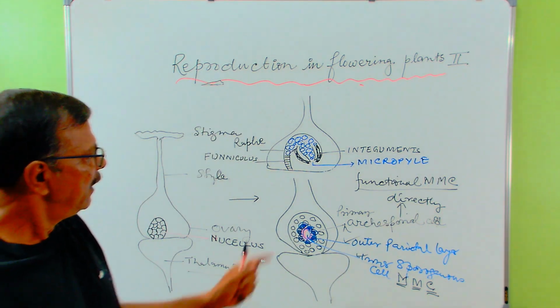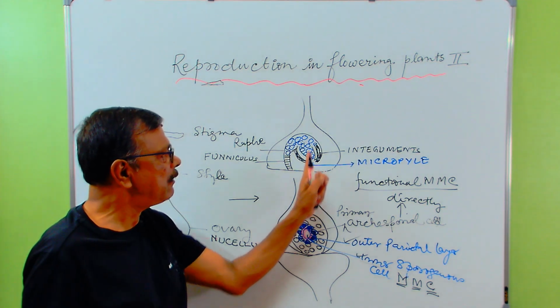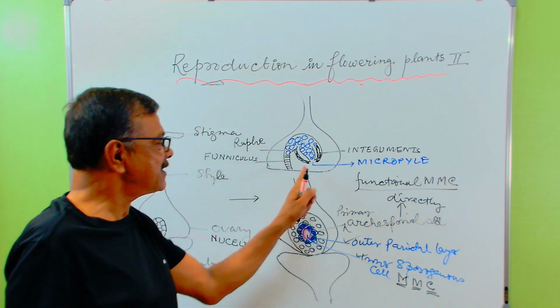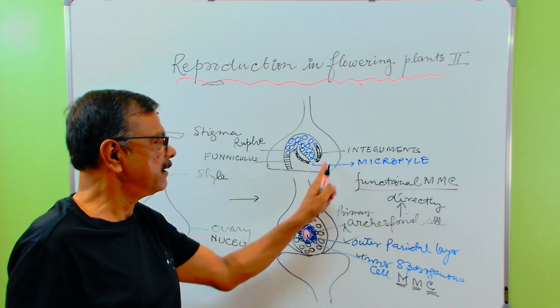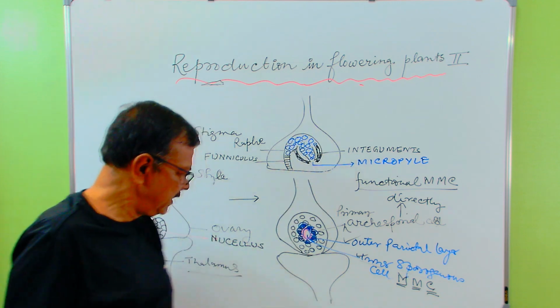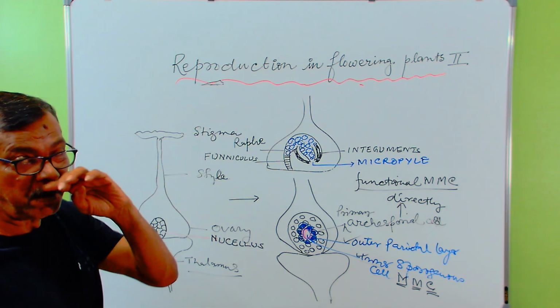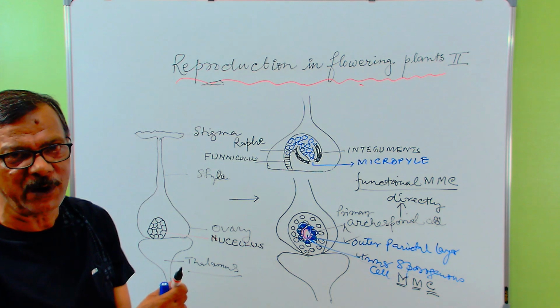Clear? Leaving an opening, the micropyle, allows the pollen tube to enter. This acts as a passage for the pollen tube to enter. We have covered up to the pollen tube, and the pollen tube will germinate, then fertilization will come.